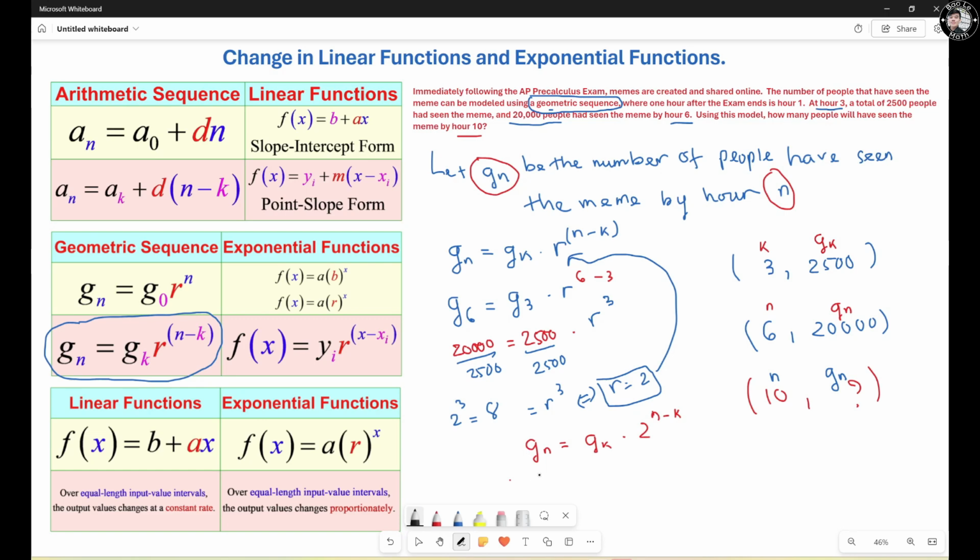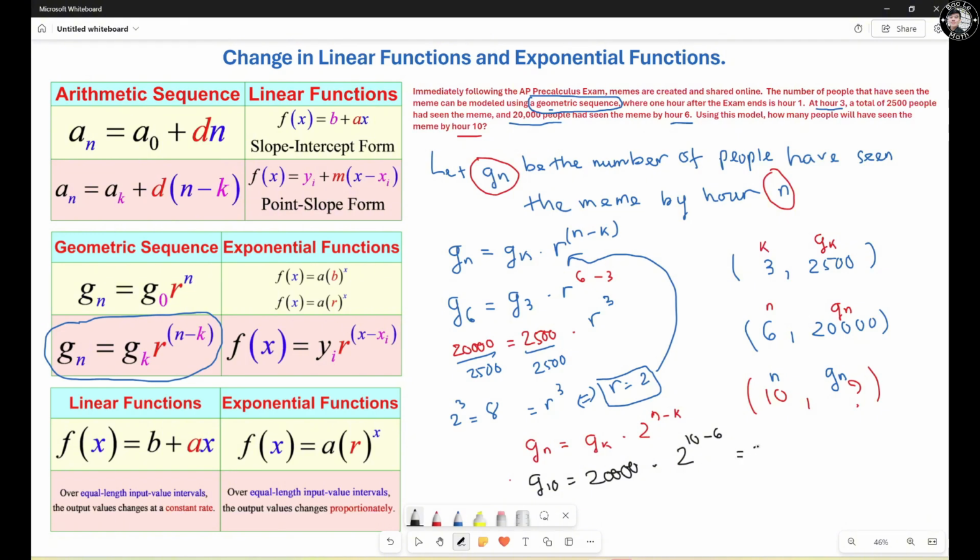So now I have g sub 10 equal to g sub k. I'm going to pick this one as g sub k, so g sub k here should be 20,000. So I have 20,000 times the common ratio to the power n, which is 10, minus k, which is 6. So I'm going to simplify this.